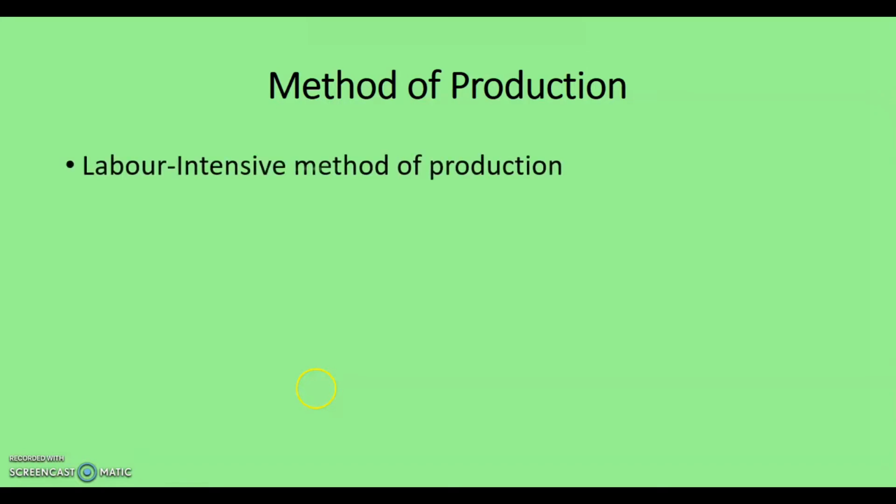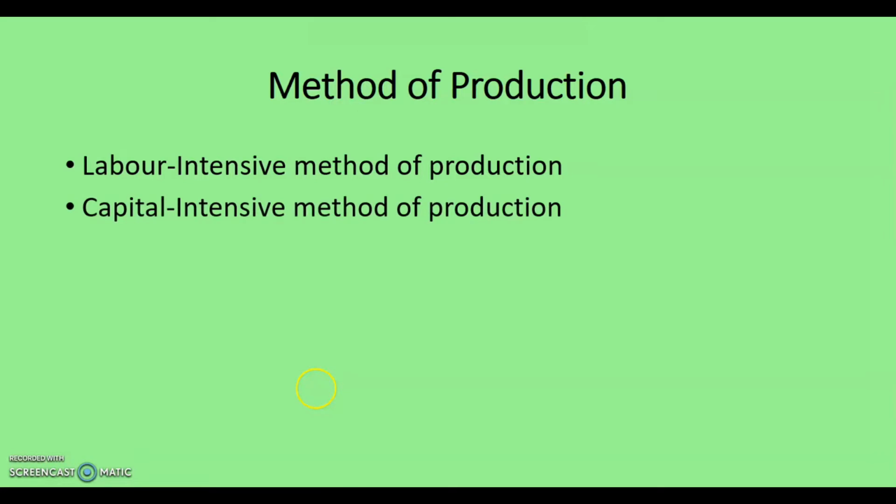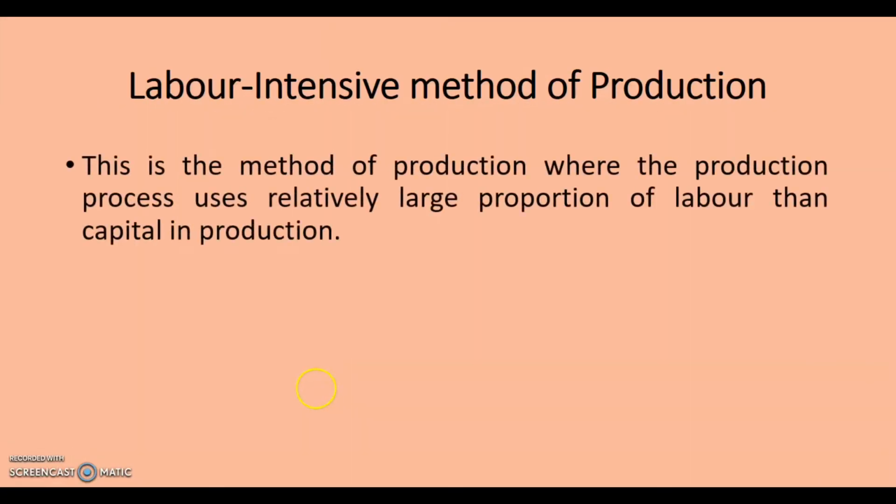Then we move to the methods of production. Basically, we have two methods of production: the labor-intensive method of production and the capital-intensive method of production. We take the first one, the labor-intensive method of production.